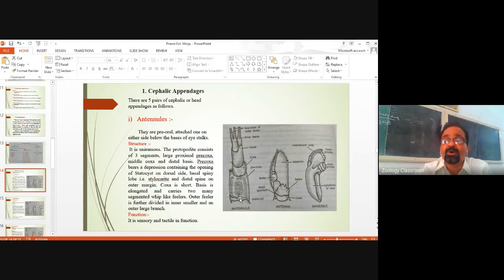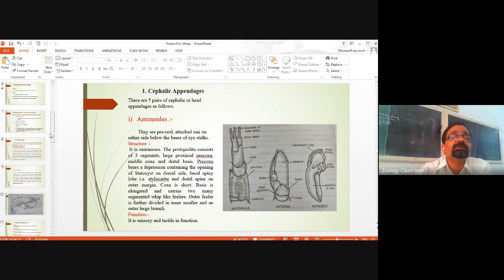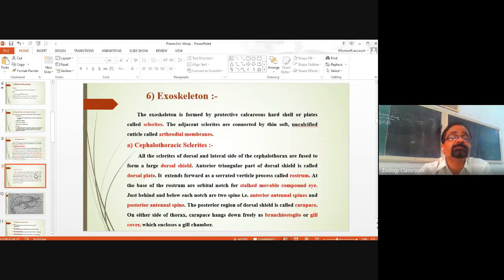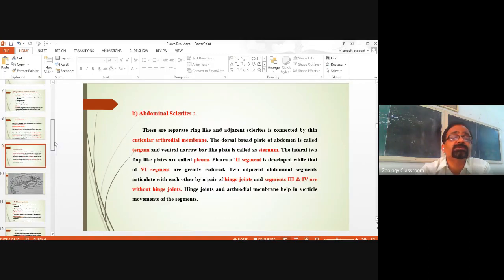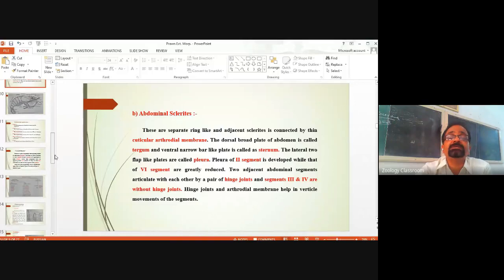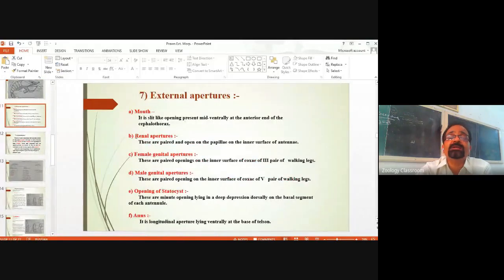This is one of the body openings which we have already discussed among the apertures present on the body. We discussed different apertures in the last lecture. Let me take you to that point. Yes, these are the different apertures: mouth, renal aperture, male genital aperture, female genital aperture, and opening of the statocyst.